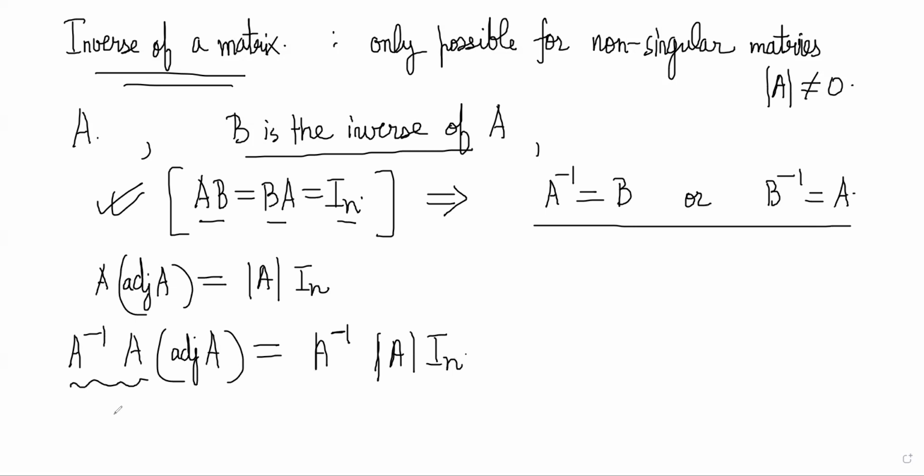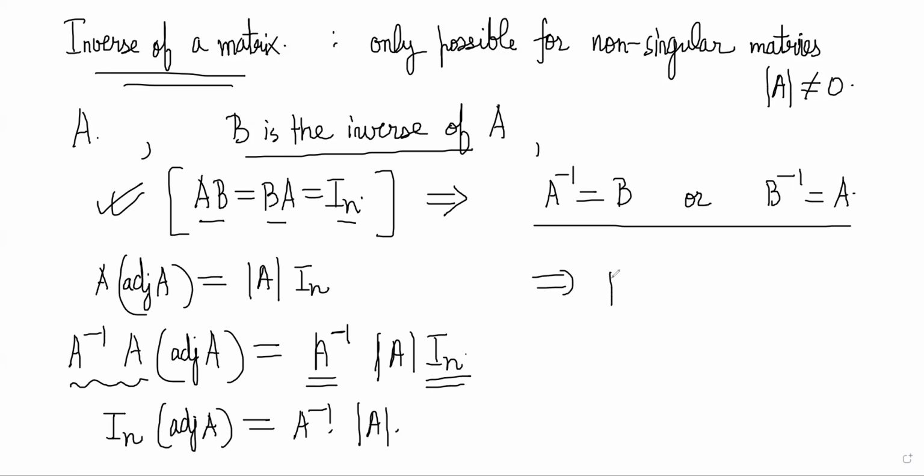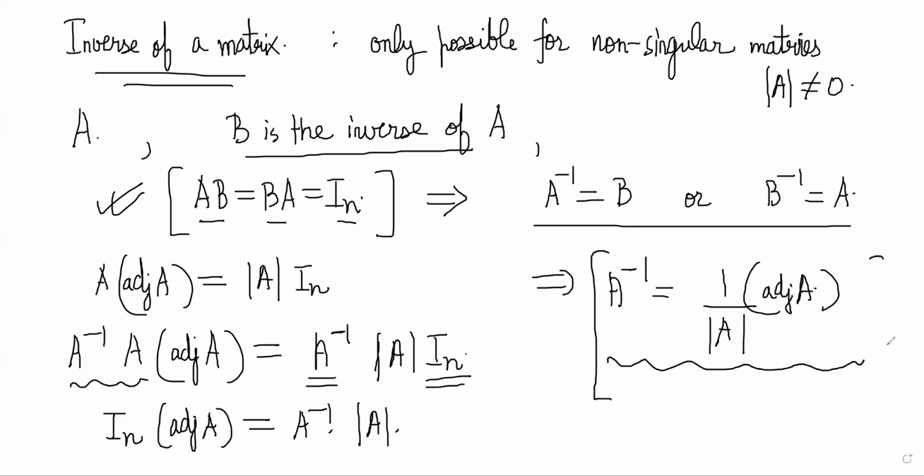A inverse A becomes In, so adjoint of A is equal to A inverse times det A. So A inverse is equal to 1 by det of A times the adjoint of A. That's why the condition is that det of A should not be 0 for the inverse to exist, because otherwise you will not be able to divide by det of A. That is the basic meaning of inverse.